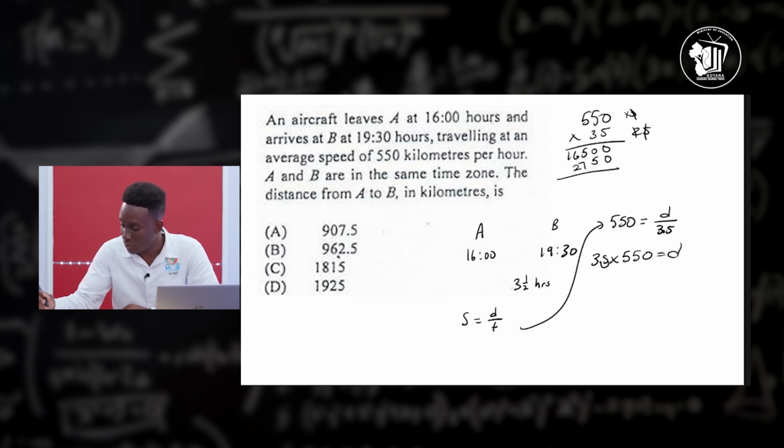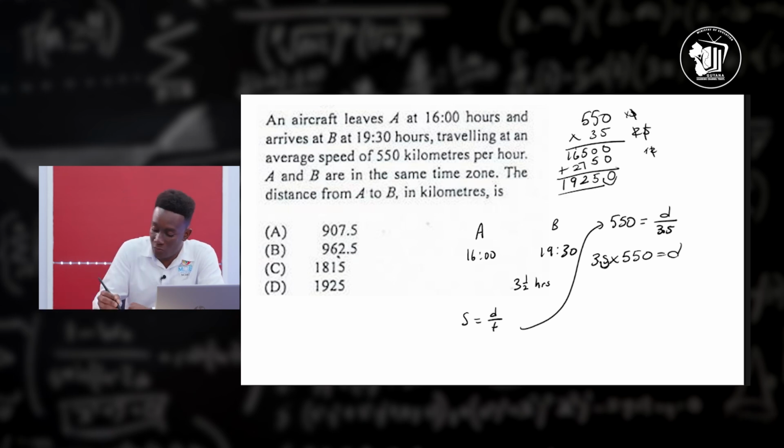Now I add up. 0 plus 0 is 0. 5 plus 0 is 5. 7 plus 5 is 12, so I bring in the 2 here and a 1 at the top. 6 and 1 is 7. 7 plus 2 is 9. And I bring down the 1. Of course, I brought out the decimal point, so I have to bring it back in. So the distance is 1,925, which is D.